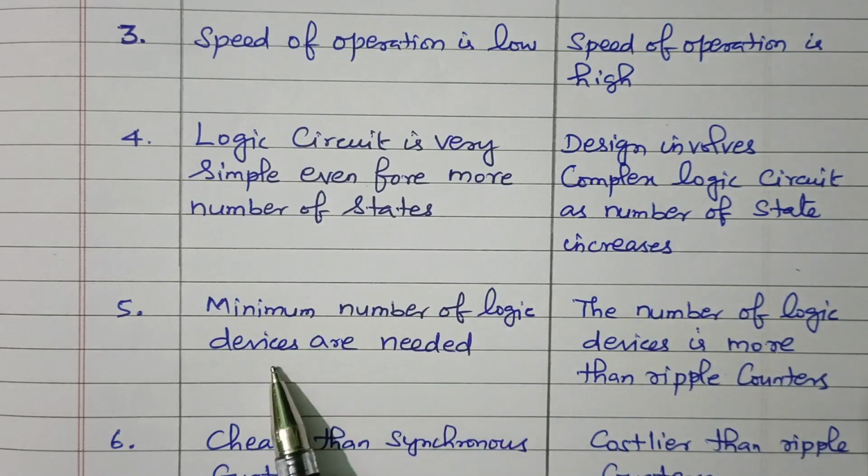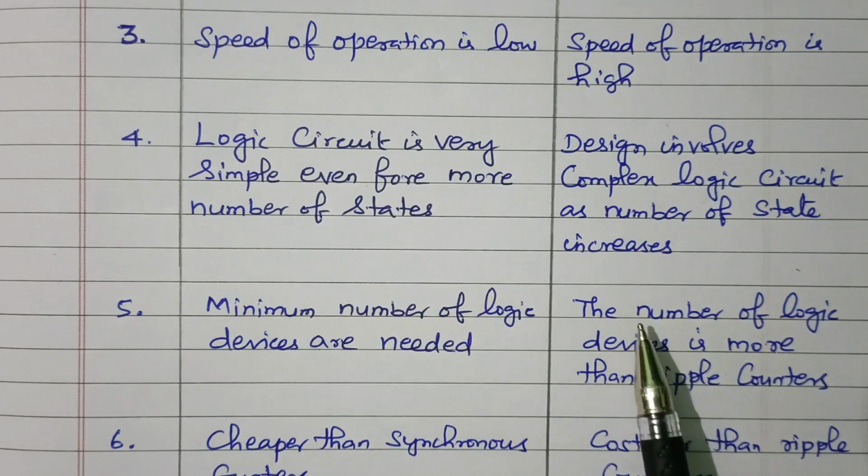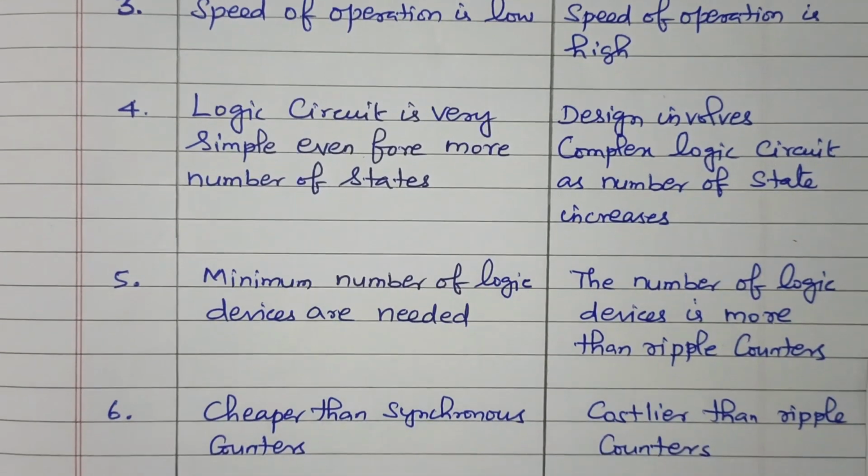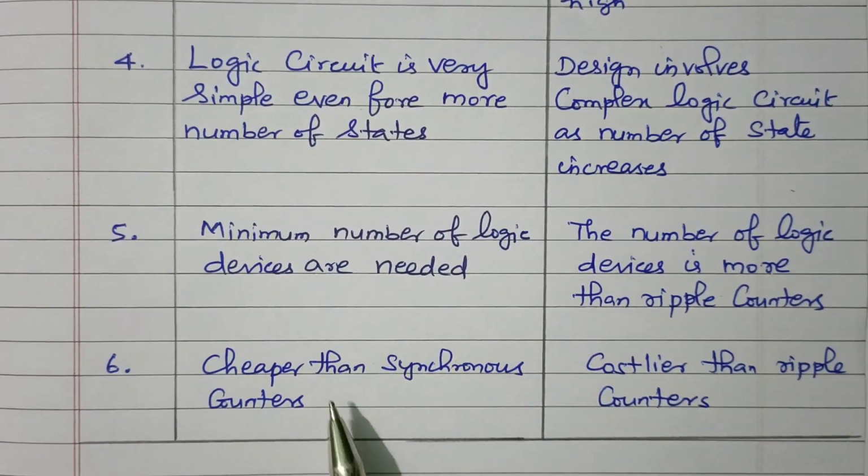A minimum number of logic devices is needed in the ripple counter. The number of logic devices is more in the synchronous counter. Finally, the ripple counter is cheaper than the synchronous counter, which is costlier. This will be simpler, right?